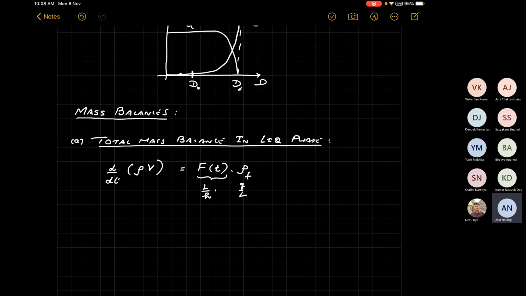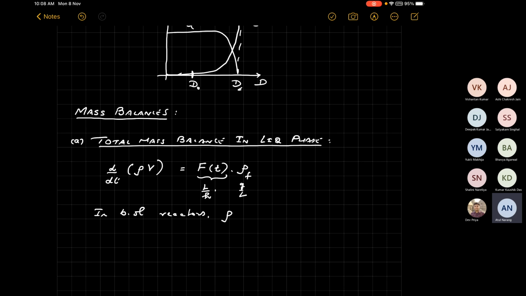Now, as I have pointed out repeatedly, in biological reactors, the stuff going in is basically pure liquid. The stuff going out is liquid plus cells.